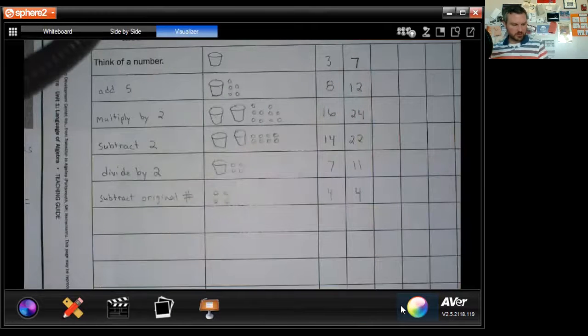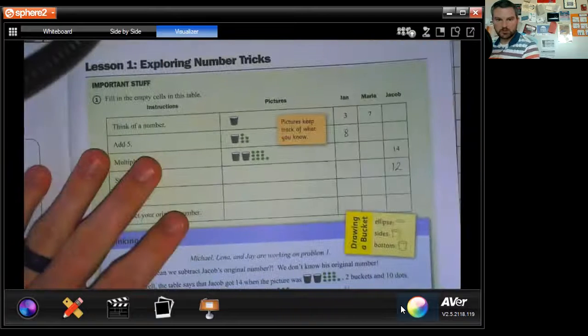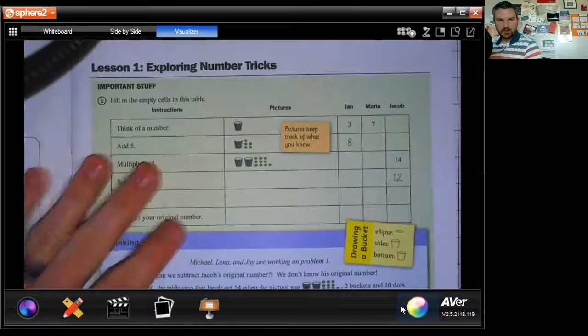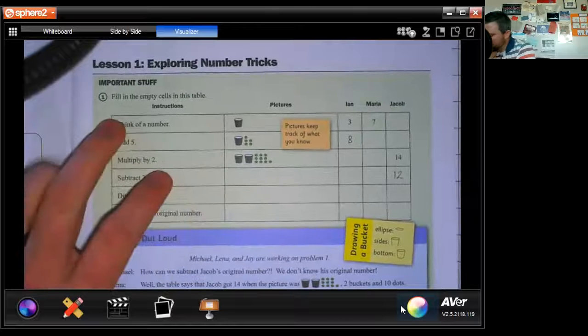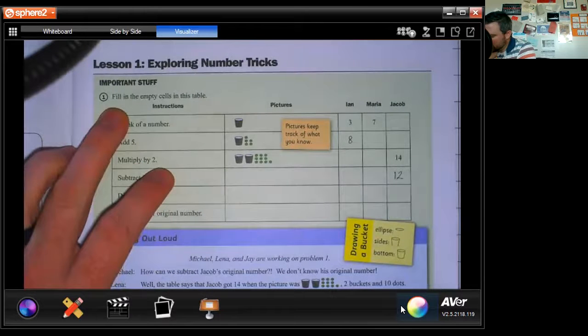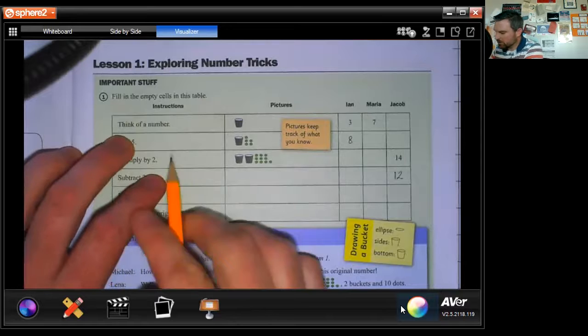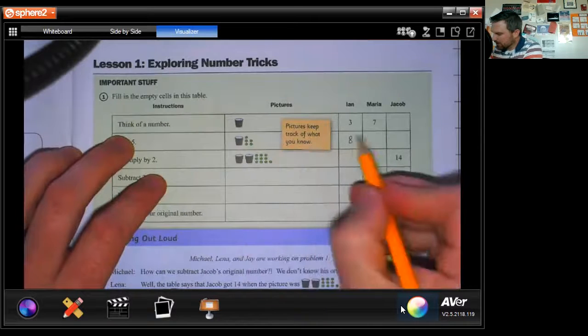Okay, so let us open our workbook here. And we're going to start on page 3 here with the important stuff. It says fill in the empty cells in the table. Okay, so think of a number, you got a bucket, and then 3.